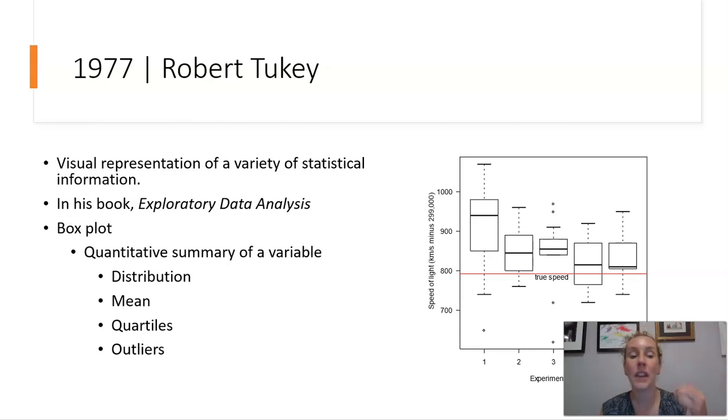It has the distribution of a variable, the mean of a variable, the quartiles, and the outliers. The way you read a box plot is that this is 50% of the instances of a variable. This gets you to 95 or 99%, however it's set up. And then these dots are your outliers. They're the really extreme values, right? This was revolutionary, and it's pretty much an invaluable tool in any data analyst's toolkit.